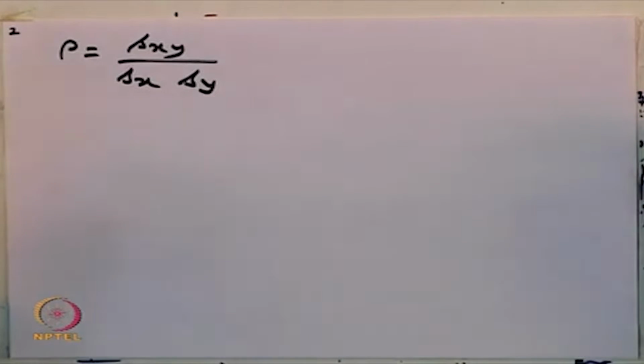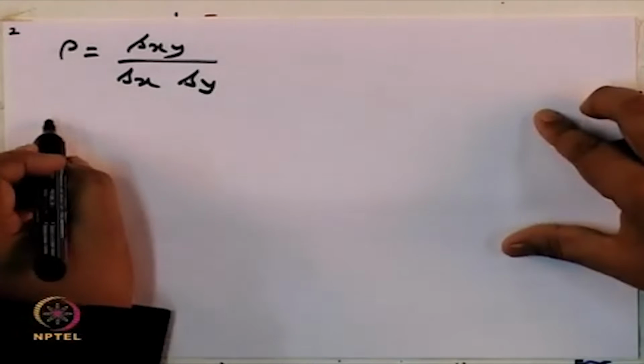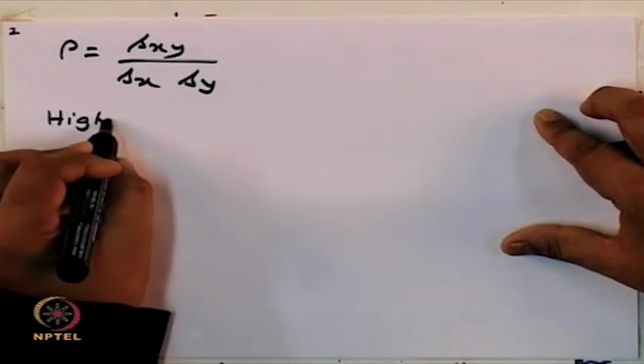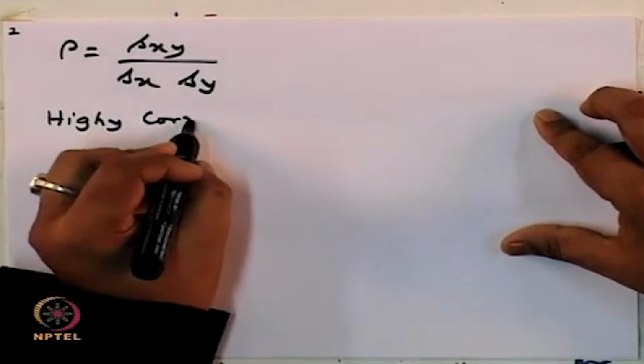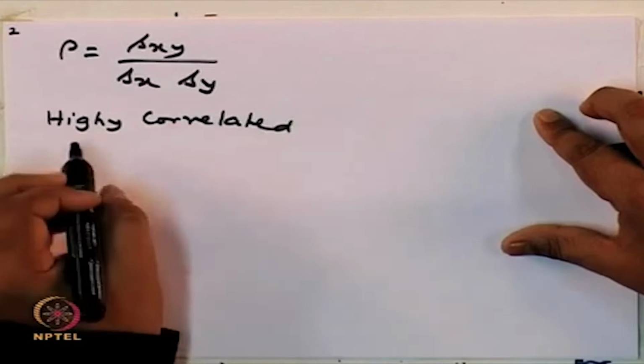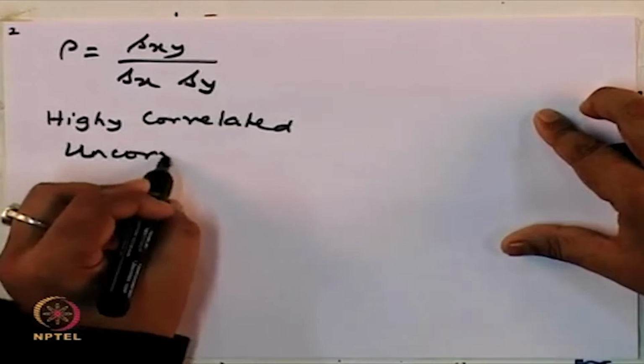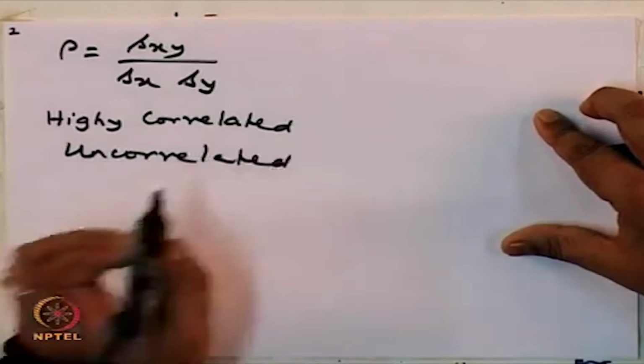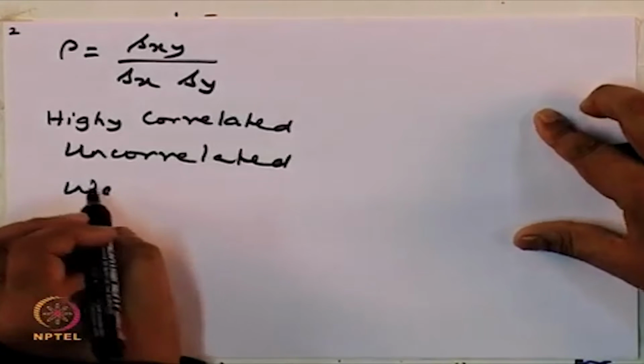So, what should ideally be the values of rho? You can say something as highly correlated, or uncorrelated, or weakly correlated.